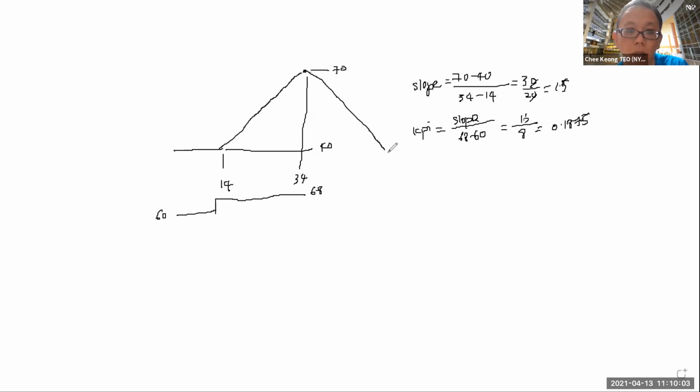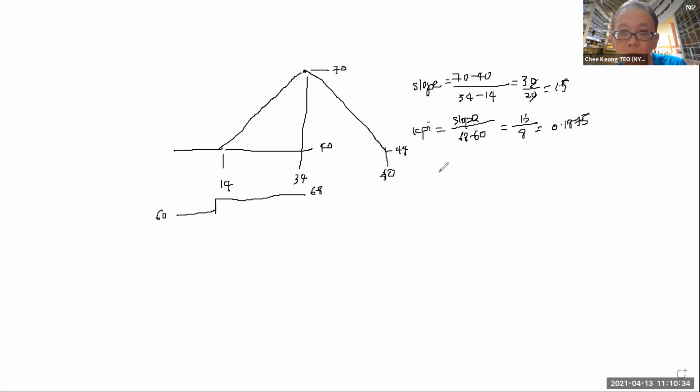So now the second slope goes to here. If you look at it, it is about 44. It slopes down to 44, and your x is from 34 to 50.